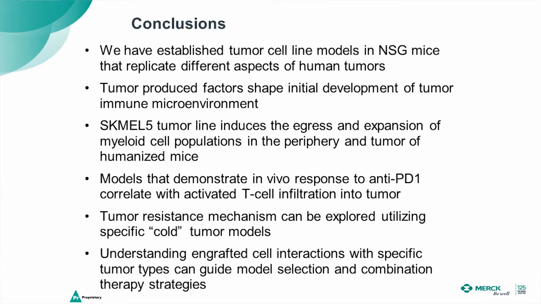So here we concluded that yes, we can utilize tumor cell lines, and if we understand what they are really making, they can actually drive biology that we could study further. And it's very important to understand resistance mechanisms, and we wanted to push that further.